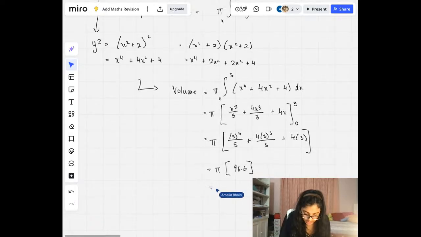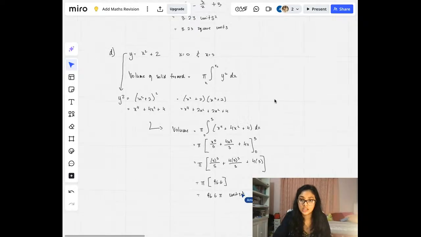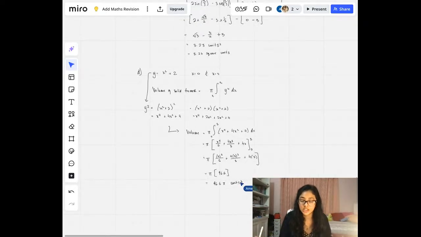Yes, it is 96.6 cube units, so units cubed. And that is the differentiation and the integration for the June 2012 paper.